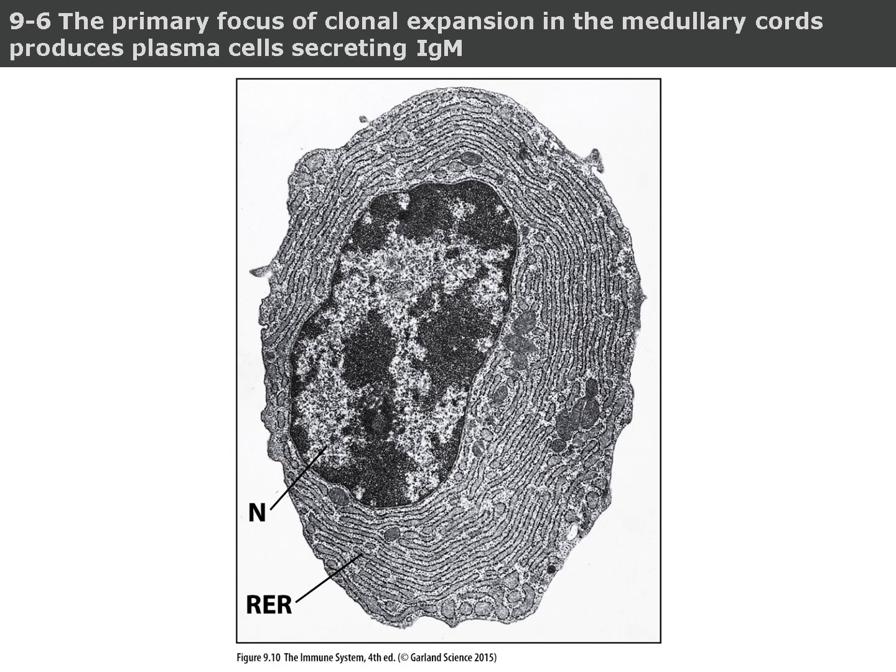This extensive RER is a hallmark of plasma cells, as it reflects the high levels of protein synthesis required to produce and secrete large amounts of antibodies, especially IgM in early immune responses. The structure of this cell confirms its role as a dedicated antibody factory, providing the first wave of humoral defense during an active immune response.